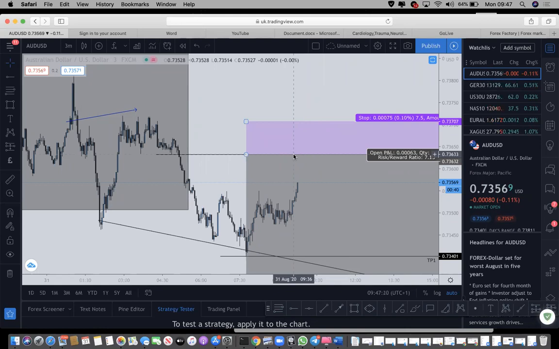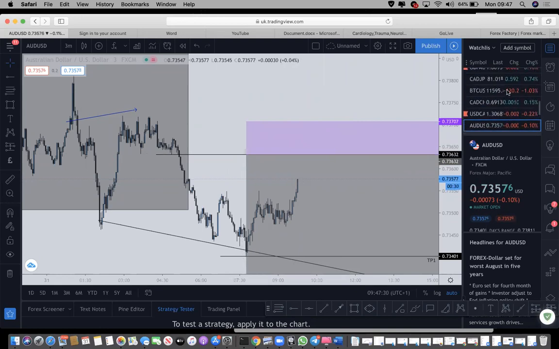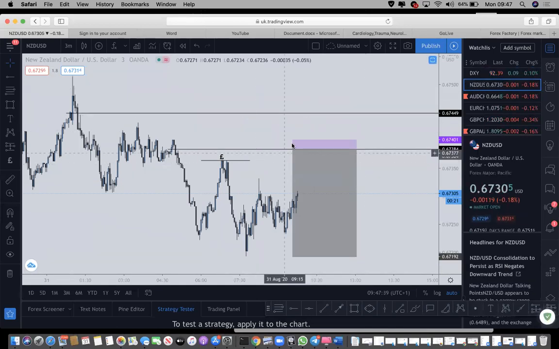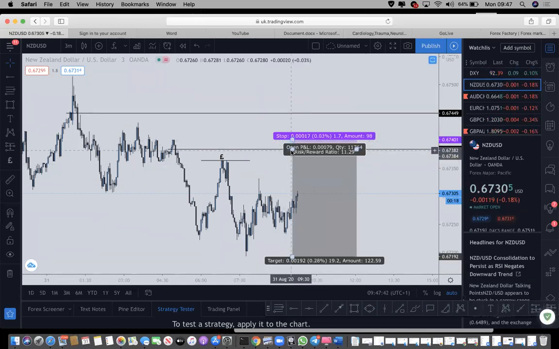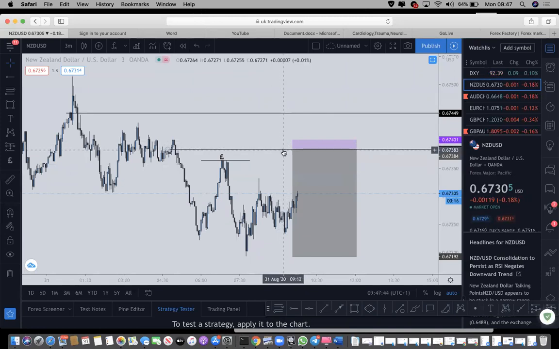The setup I'm giving you on NZD USD is only valid when AUD USD is at this entry and NZD USD lines up at this entry. If you don't get that happening, then do not take the NZD USD trade. Does that make sense, guys? Give me a 2 if that makes sense.